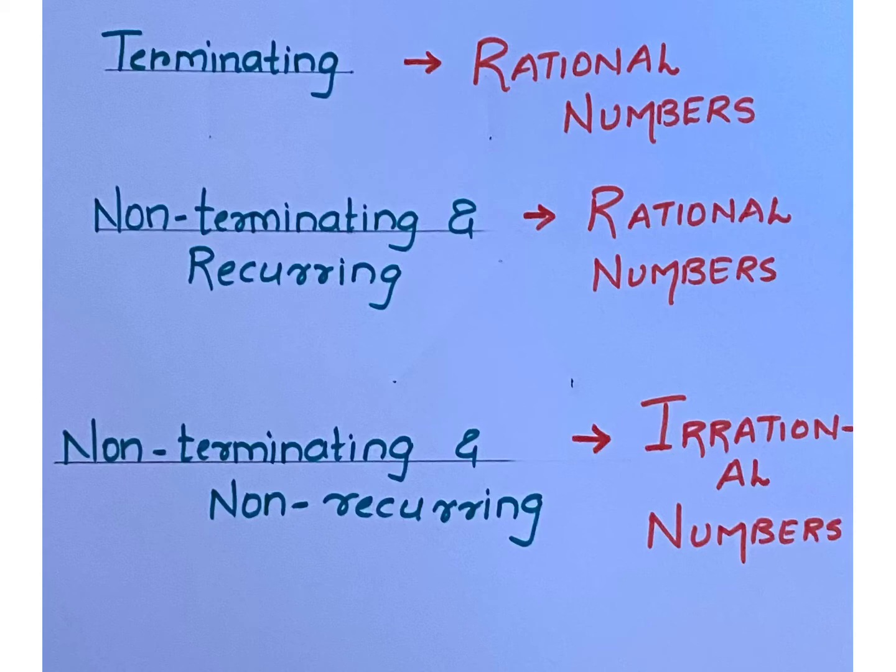But if it is non-terminating and non-recurring, meaning the division is not ending and the digits are not getting repeated, then it cannot be represented in the form p by q, and it belongs to the set of irrational numbers. And generally, the roots of prime numbers are always irrational numbers.